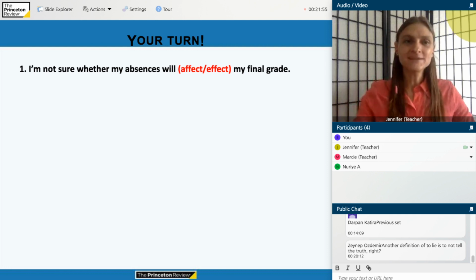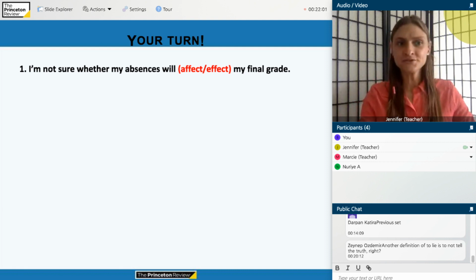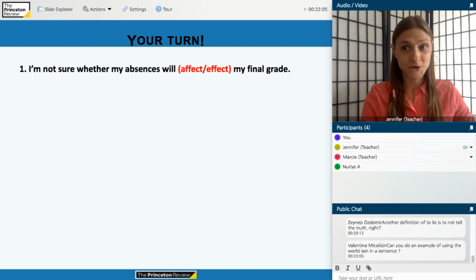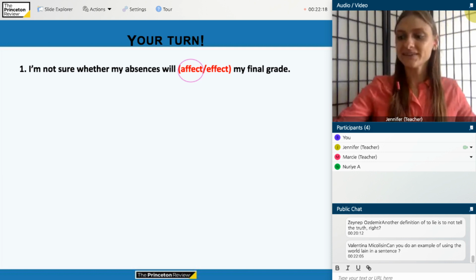Take a second. In this case, you're dealing with "it will blank my grade." Usually when you have the word will, it's followed by a verb. And that means it's going to be affect.